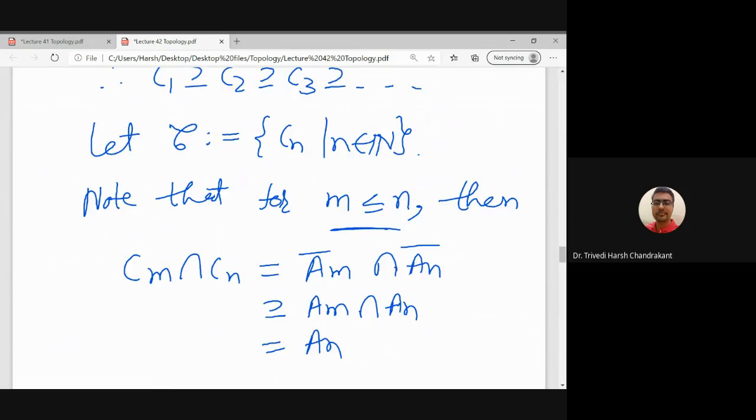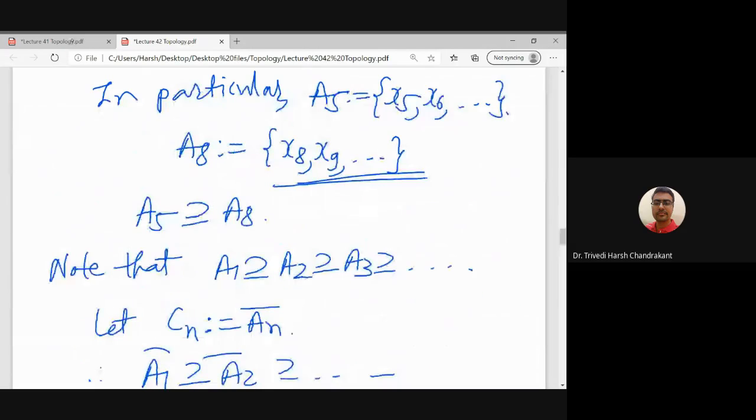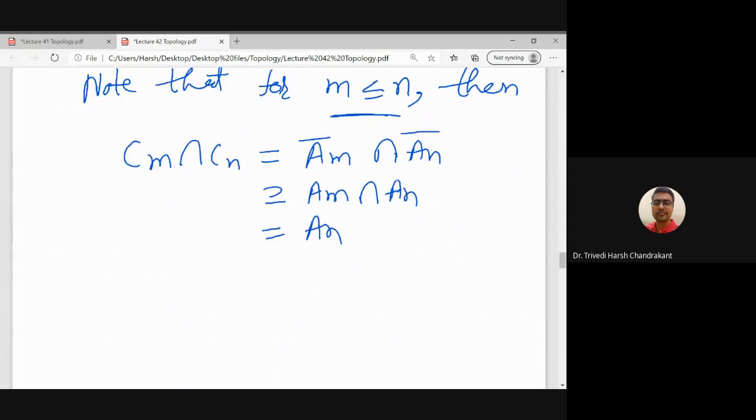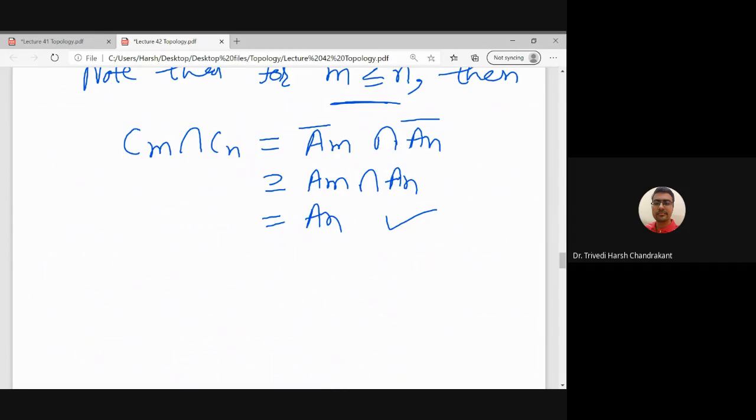We have already observed that A5 contains A8, so A5 intersection A8 is A8. So that is what we are using here.